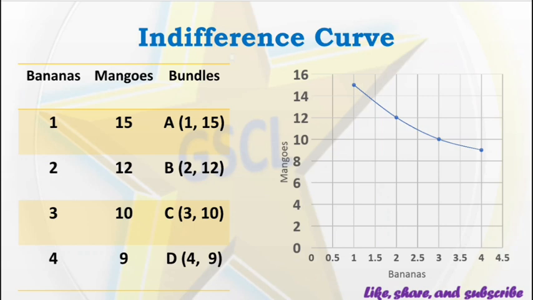X-axis represents bananas and Y-axis represents mangoes. And at all the points, the consumer is deriving the same level of satisfaction.